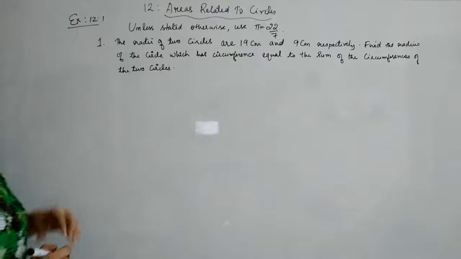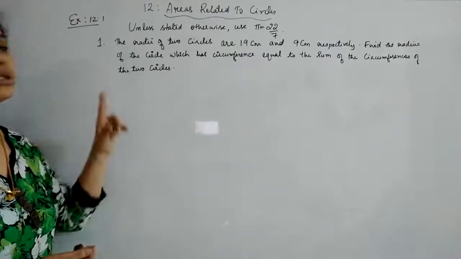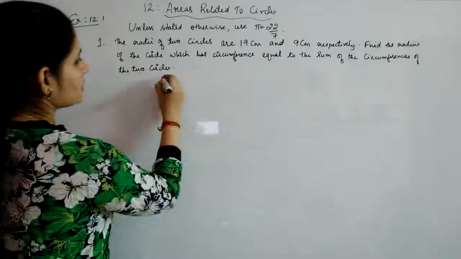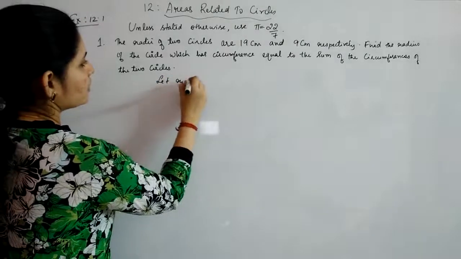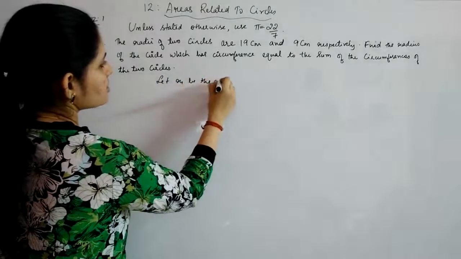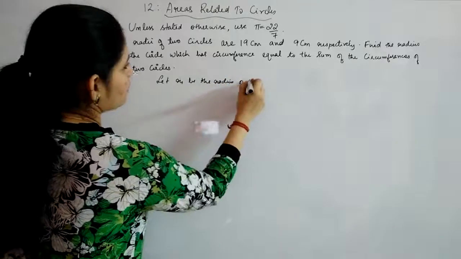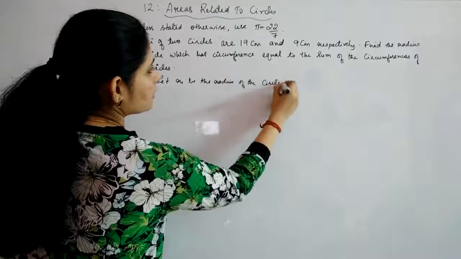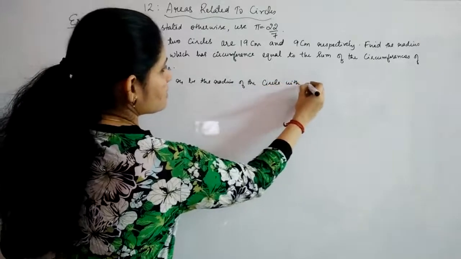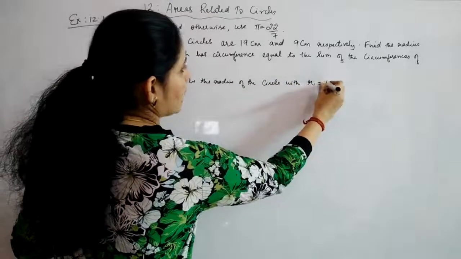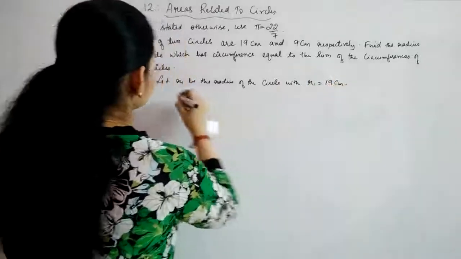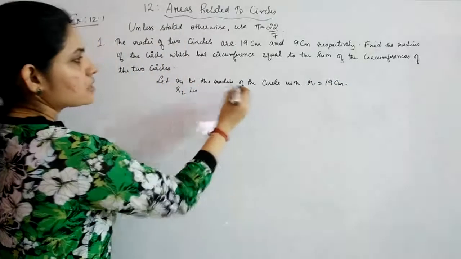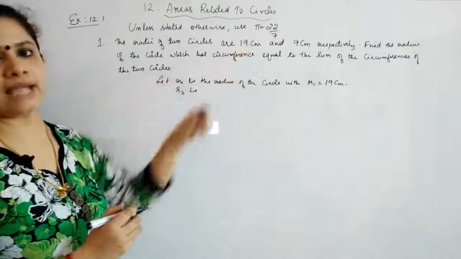First we have to find the circumference of both the circles separately. Let r1 be the radius of the circle with radius given as 19 centimeter, and r2 be the radius of the circle with 9 centimeter.